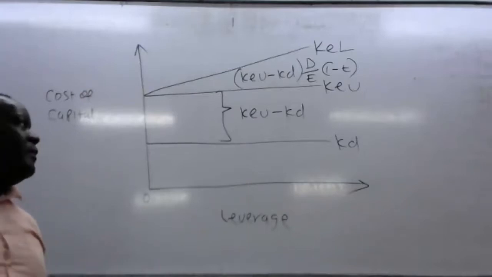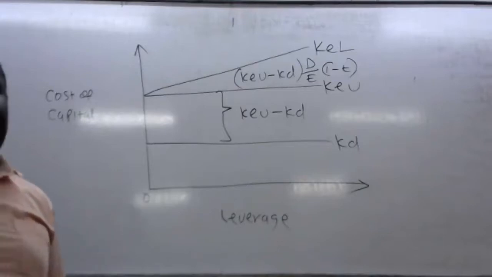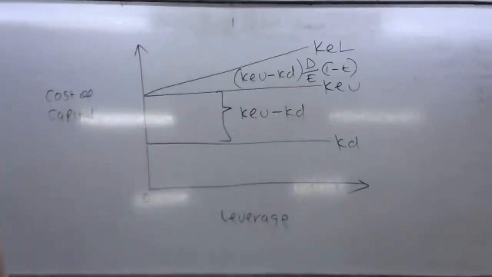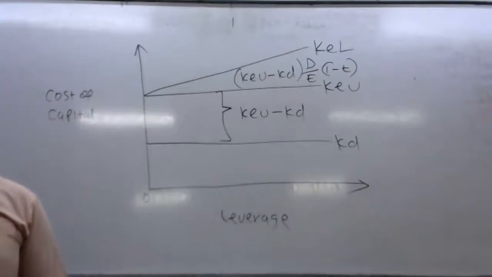So we had already discussed those terms. Then KD is the cost of the debt. Then we know D over E, the proportion of the debt divided by the proportion of equity. Then it must be after the tax. So we shall be getting to know more on that when we demonstrate that information.